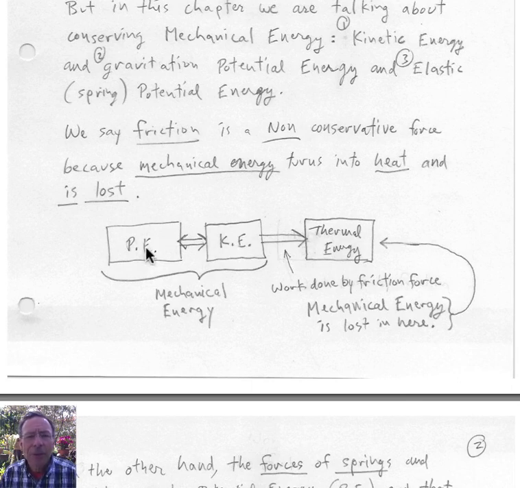And the combination of potential energy and kinetic energy, that's what we call mechanical energy. And if there is friction around our moving parts, that's going to take away mechanical energy, and it's going to cause heat, and move the mechanical energy into thermal energy. So the point is, friction causes us to lose mechanical energy, and that's why we call it a non-conservative force.